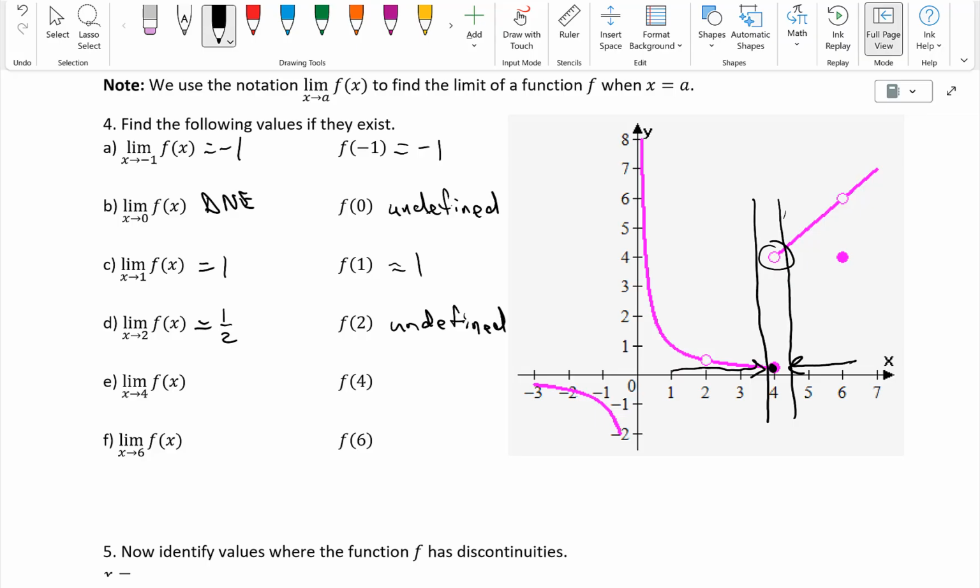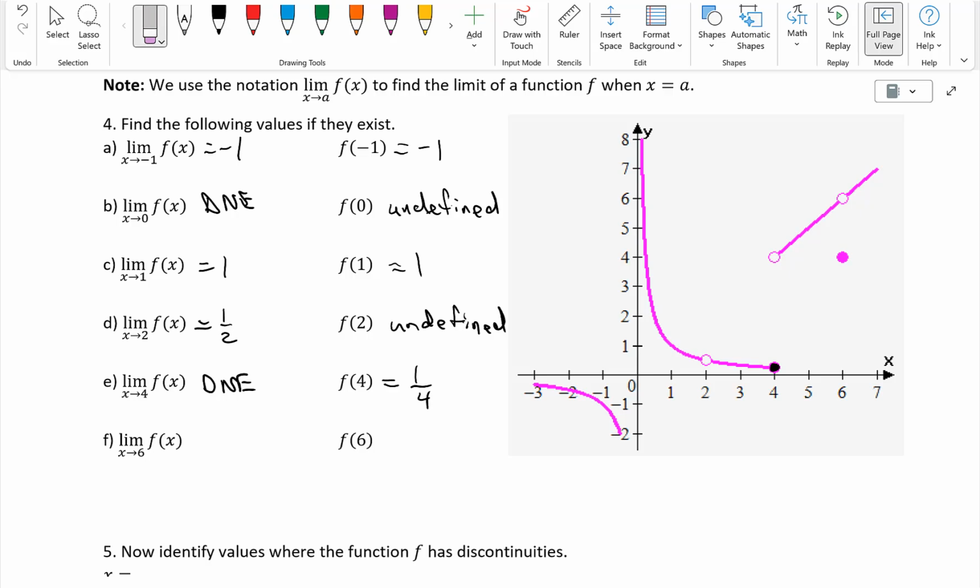We're coming in towards two different heights from our different directions. So our limit as we approach 4 does not exist. But because that function value is filled in, defined down here, when x equals 4, we say f of 4 is, I think I put 1/4, something down there between 0 and 1/2.